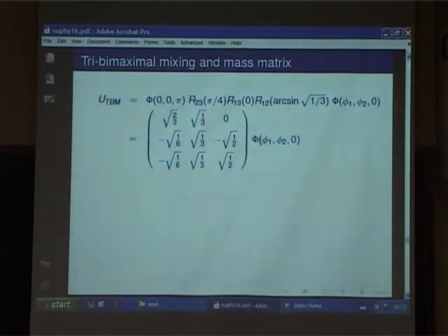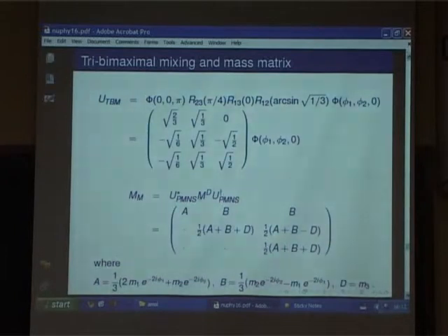Given this matrix, now I can calculate my Majorana mass matrix. What does this mean? I do U star M_D U dagger. Then I get a matrix that looks like this. Don't go into details; each one of them is some combination of masses and Majorana masses. That's not important. What is relevant is that this matrix has some symmetries. You see that this element is the same as this element.